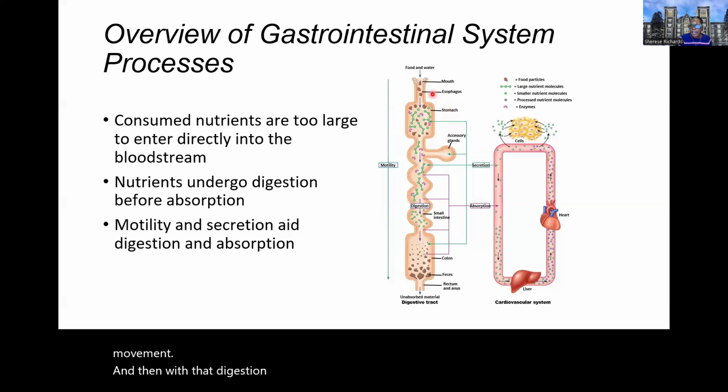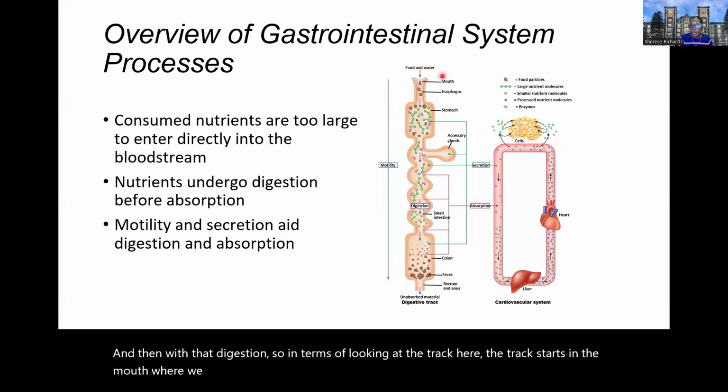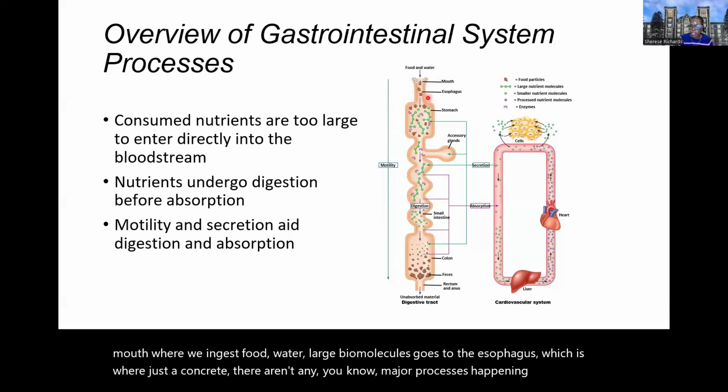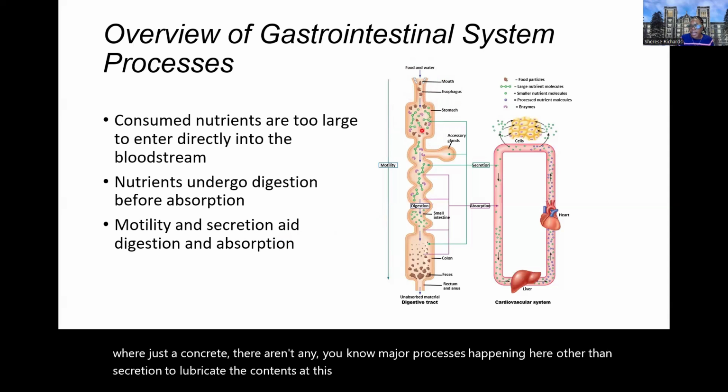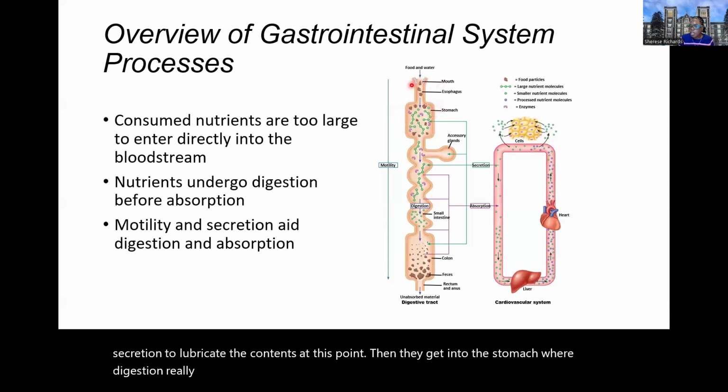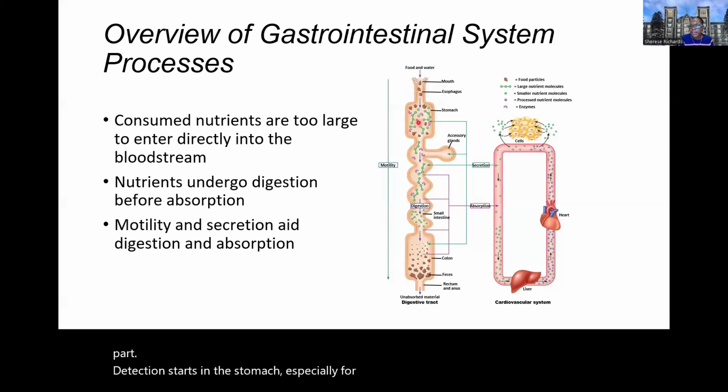So in terms of looking at the tract here, the tract starts in the mouth where we ingest food, water, large biomolecules, goes through the esophagus, which is really just a conduit. There aren't any major processes happening here other than secretion to lubricate the contents at this point. Then they get into the stomach where digestion really begins. A little bit of carbs can be digested in the mouth, but for the most part, digestion starts in the stomach, especially for proteins and fats. Then we get into the small intestine.